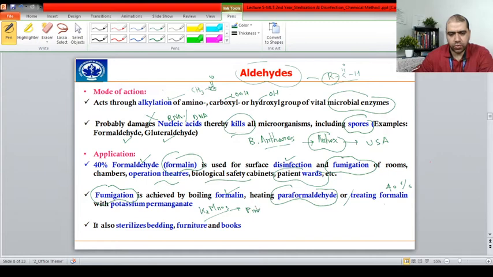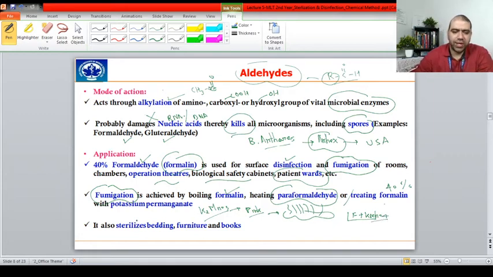Once you add it to your formalin, it will start fumigating and forming smoke in the place where you use it. So what you can do is use a Petri plate, put formalin inside and then add to it the KMnO4, that is potassium permanganate.